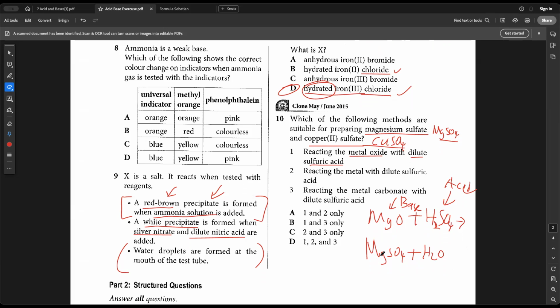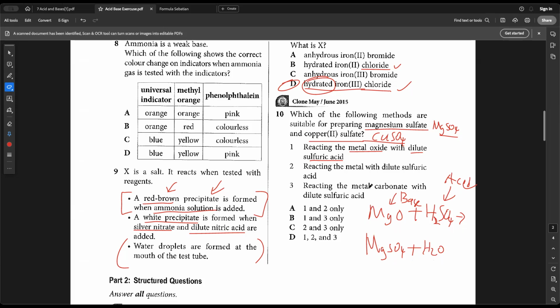Okay, anyways, the second part we can also do.